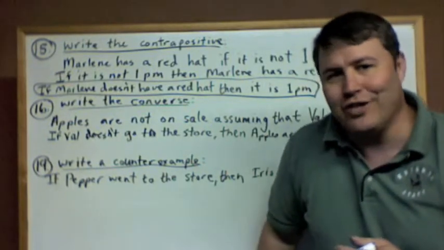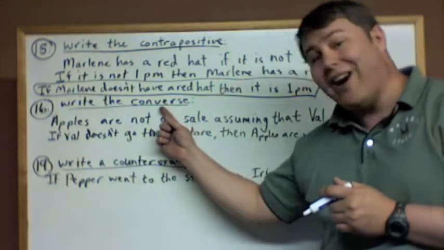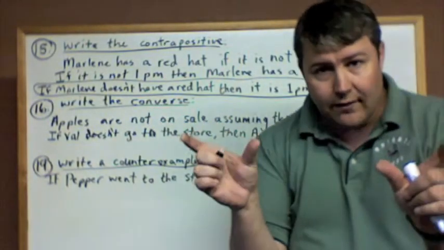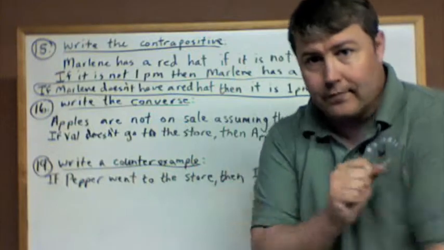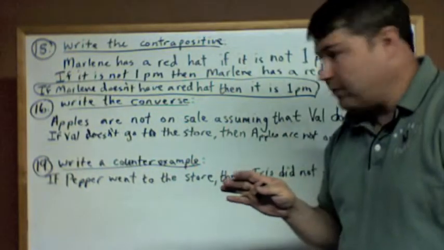What do you do with the original if-then form to find the converse? Well, you simply take the if and the then and interchange them. So I'm going to write the converse of my original statement.